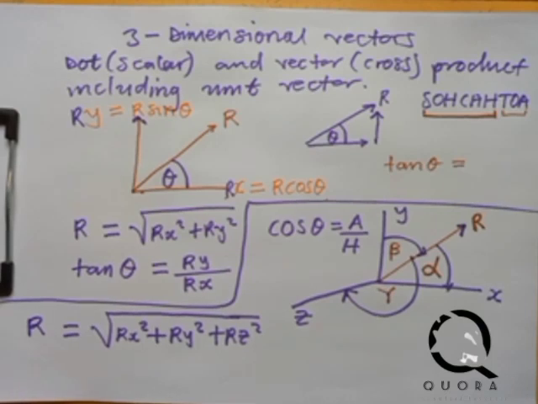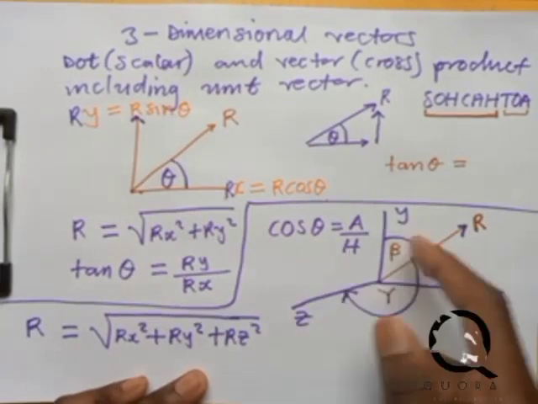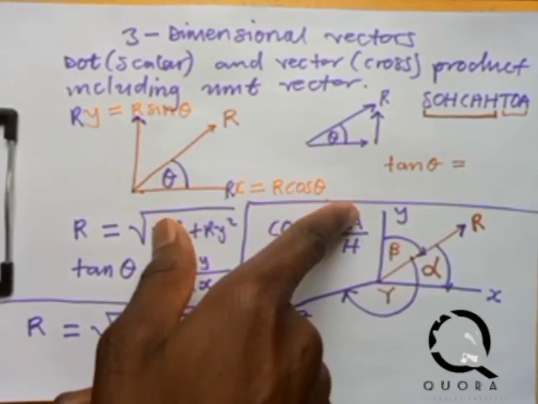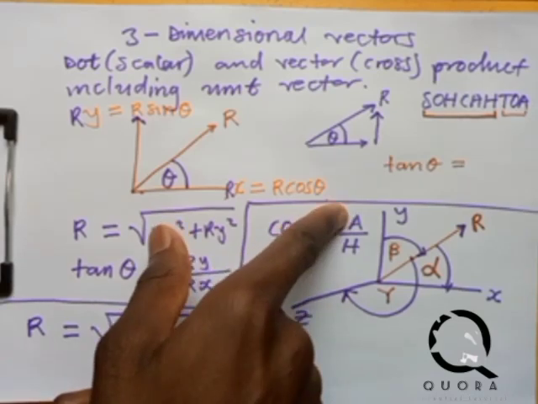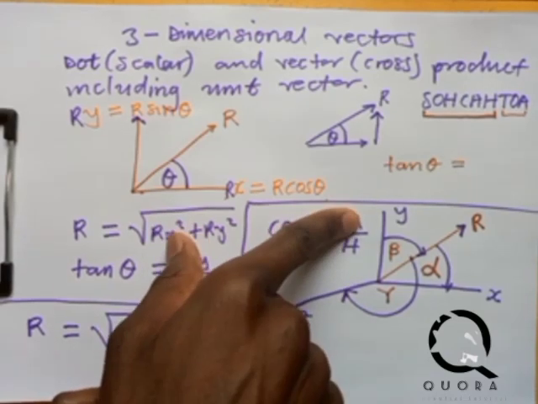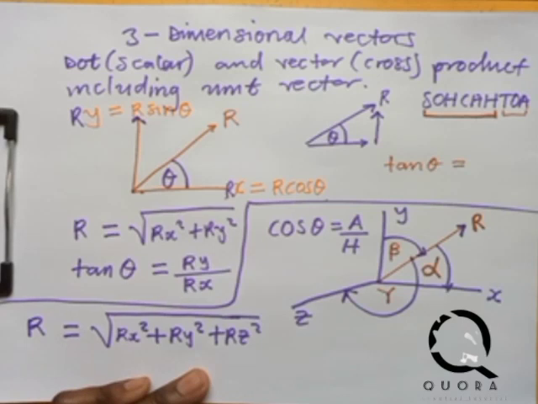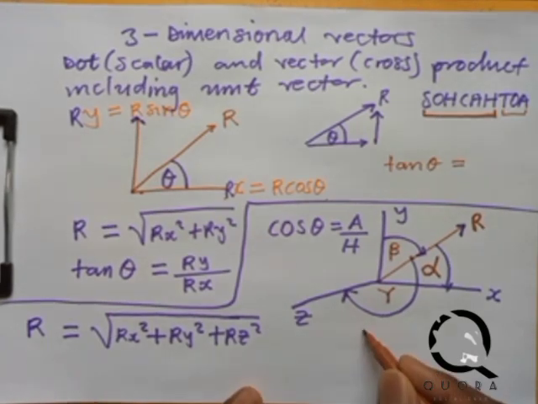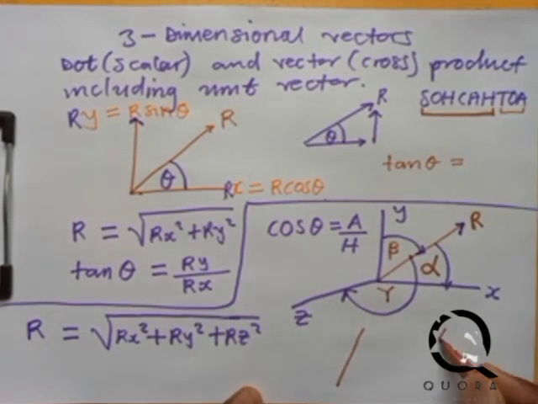Remember I said the hypotenuse is my resultant, the magnitude of the resultant, meaning that A here has to be adjacent. This A is every component that you have in that same vector. Hence, the angles for three-dimensional vectors are found as follows.